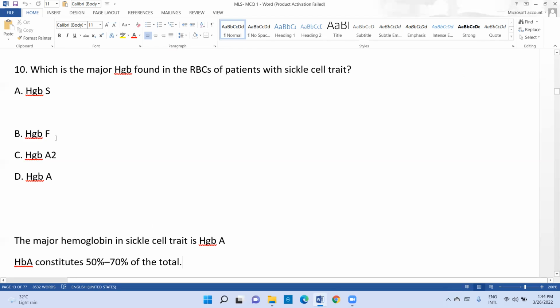Hemoglobin F is fetal hemoglobin. A2 is a hemoglobin with alpha 2 delta 2. Hemoglobin S is sickle hemoglobin. So the major hemoglobin is hemoglobin A. In normal people, 97% of hemoglobin is hemoglobin A. Now in sickle cell trait, it is 50 to 70% of the total.